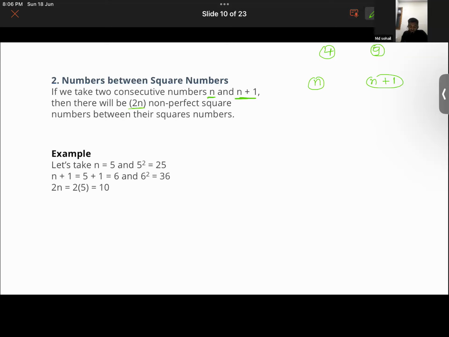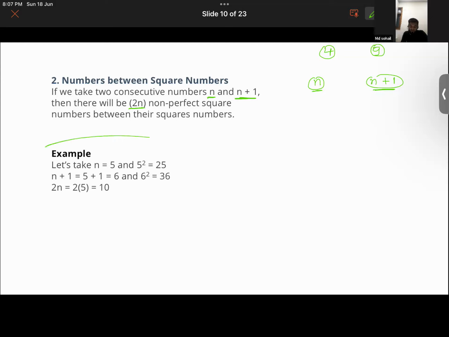There will be 2n non-perfect square numbers between their square numbers. Arhan, do you want to say something? See, I actually didn't understand. If you take two consecutive numbers, let's say n and n plus 1, then exactly 2n non-perfect square numbers lie between these two square numbers.